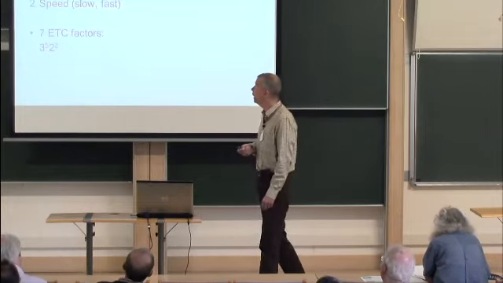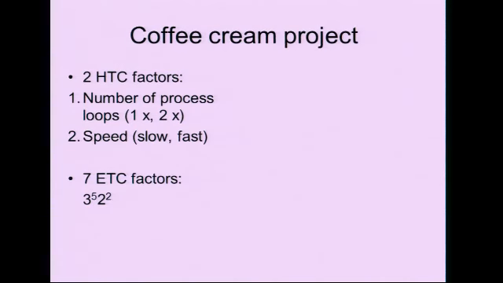Now, there were 2 hard-to-change factors, namely the number of process loops the coffee cream has to go through, 1 time or 2 times, and also the speed. About the first factor, this factor has to do with the piping of the production system.